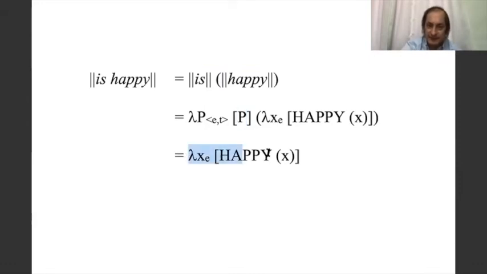Well, there we go. We give back the result. "Is happy" ends up meaning exactly the same thing as "happy." Since that's what we were trying to do, and that's what we now have done, we're happy. You're happy, right?